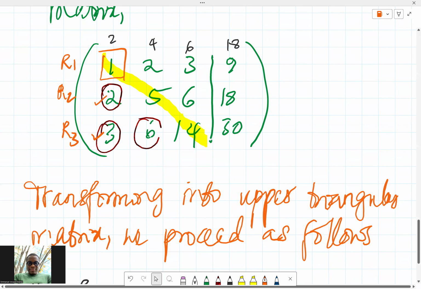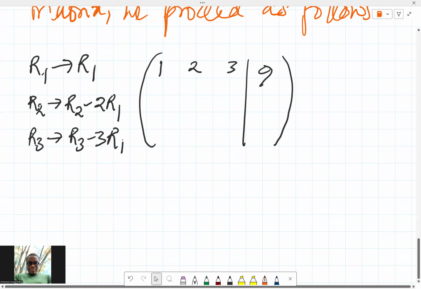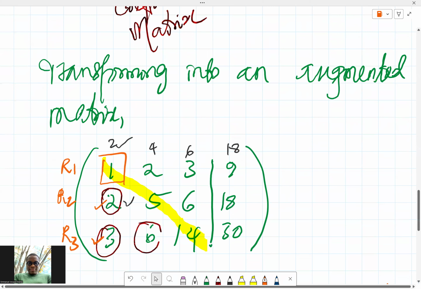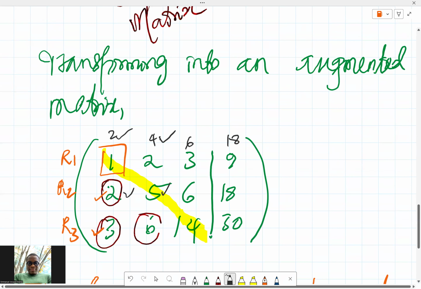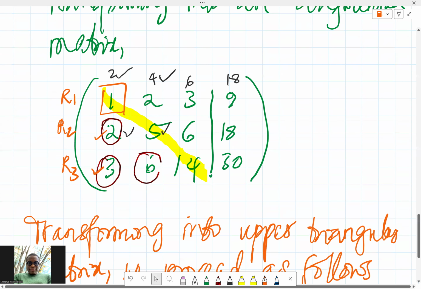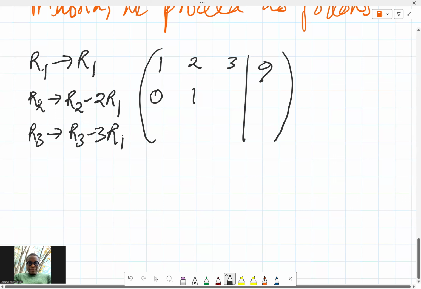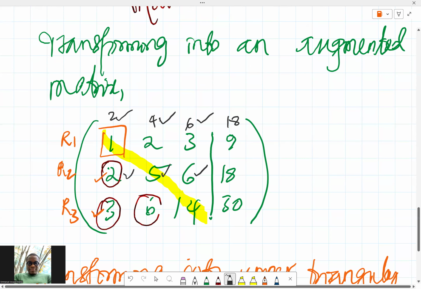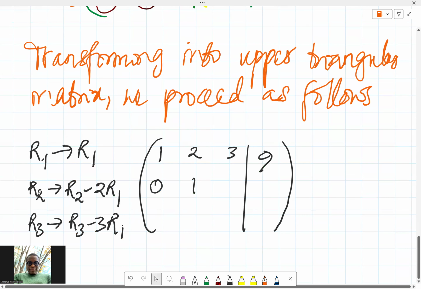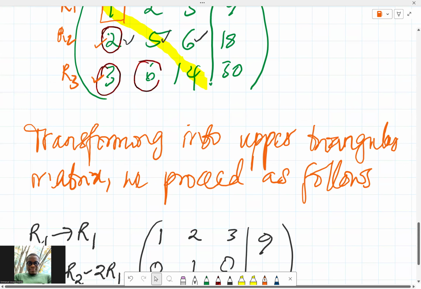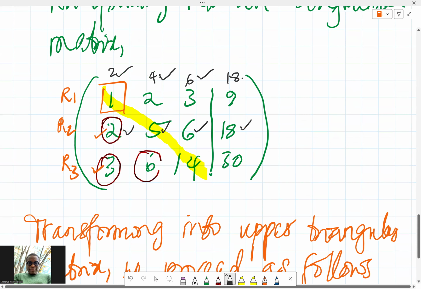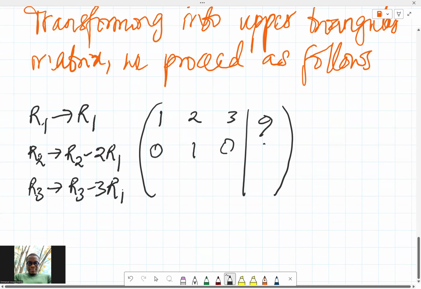So we have 2 minus 2, that is 0 here. Then 5 minus 4, that gives us 1. Then 6 minus 6, interestingly, gives us 0. And 18 minus 18, another interesting 0.